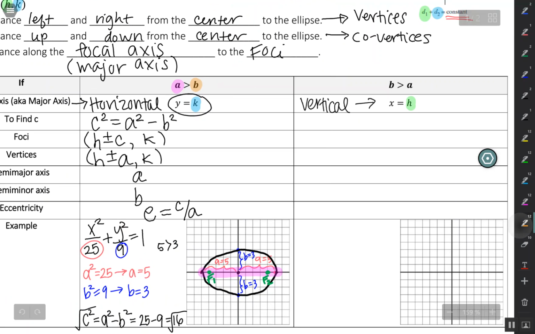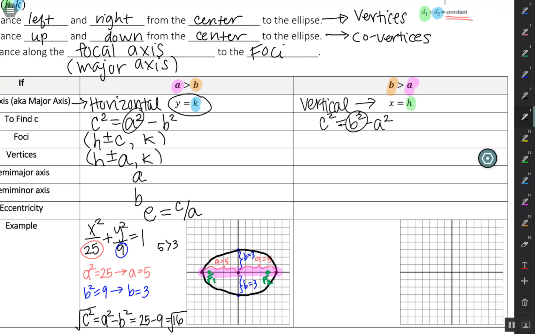Okay, and so this time b is greater than a. To find the foci, you're going to do c squared is equal to b squared minus a squared. It's the same formula, we're just swapping them. Basically, we always want the bigger one first.